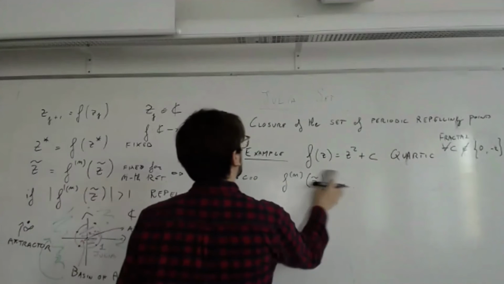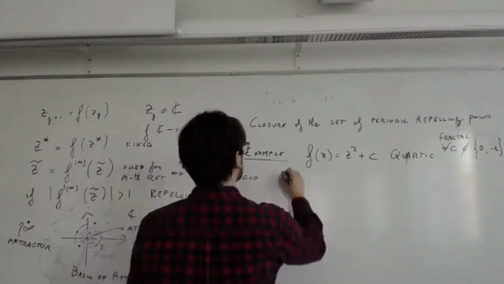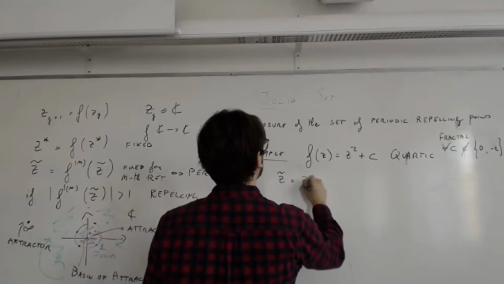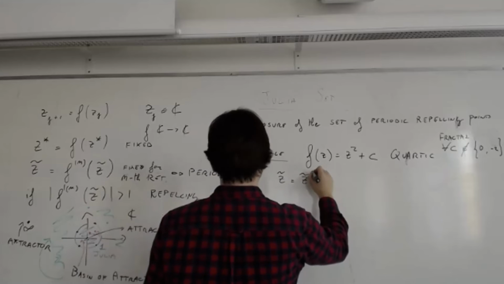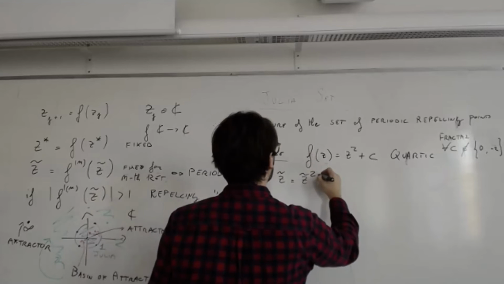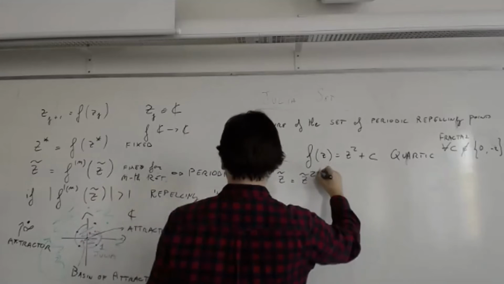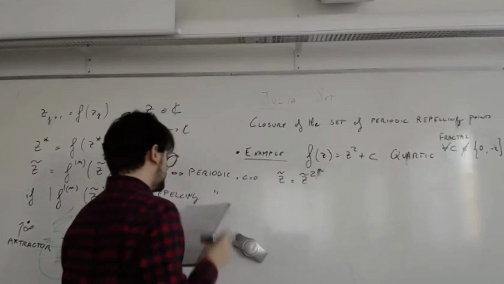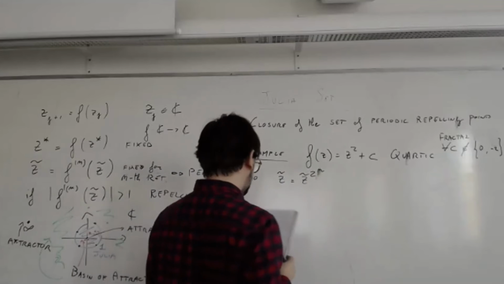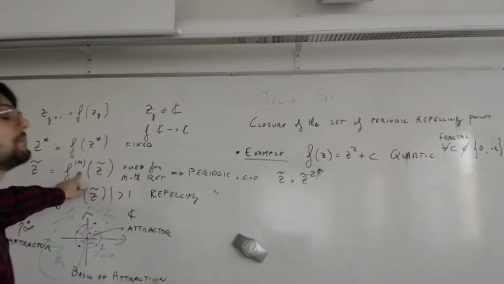Therefore, if you take C equals 0, you're searching for the Z tilde such that Z tilde to the 2 to the n is equal to Z tilde, where n is the return map.